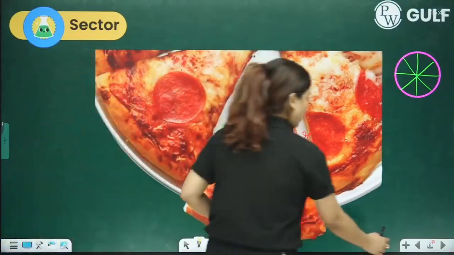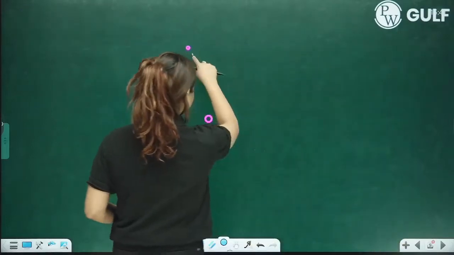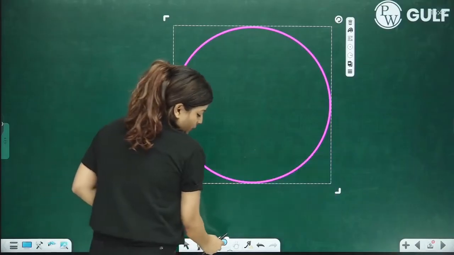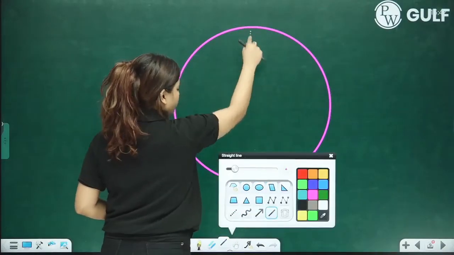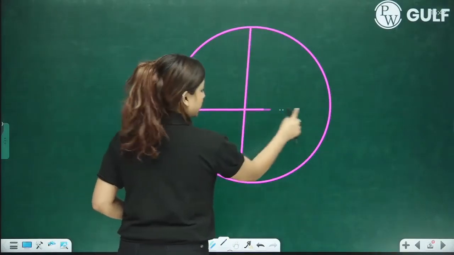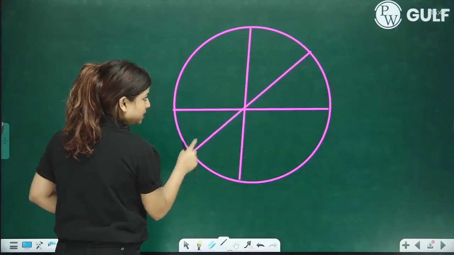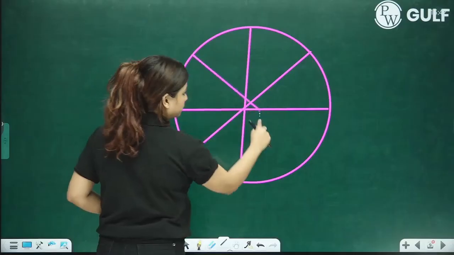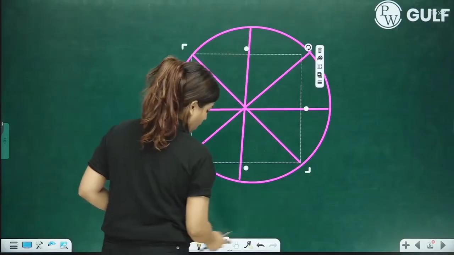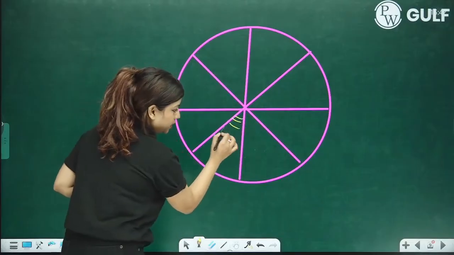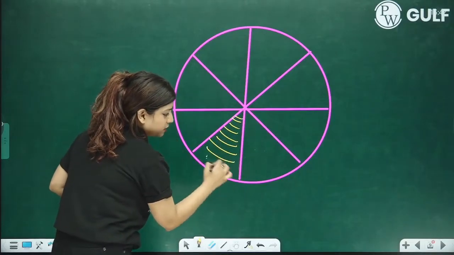Now let me draw it again. So basically, if this is the pizza that we are ordering, and we just cut it into slices, then this particular part becomes a sector of a circle.